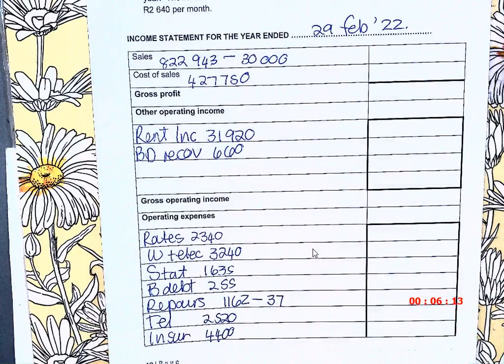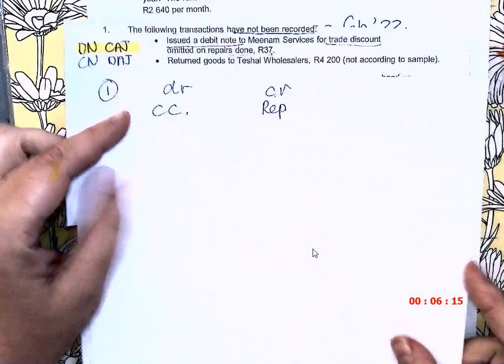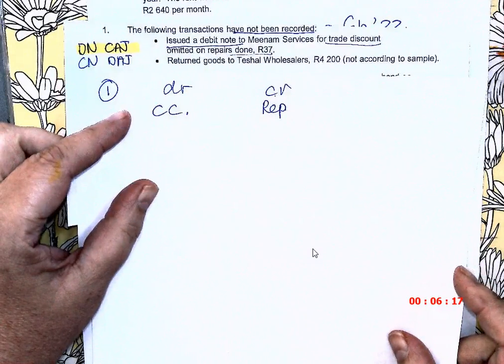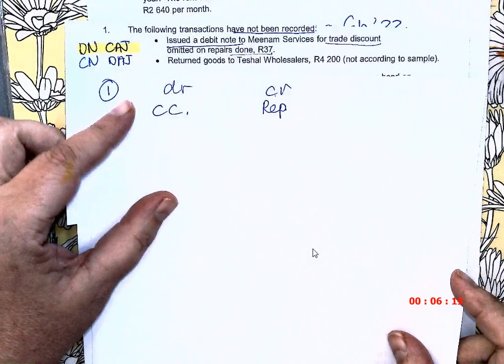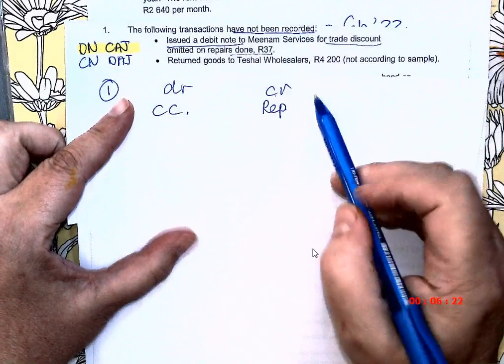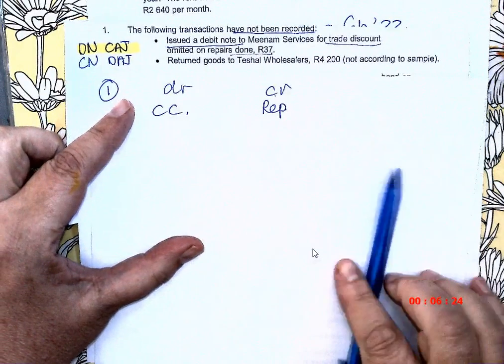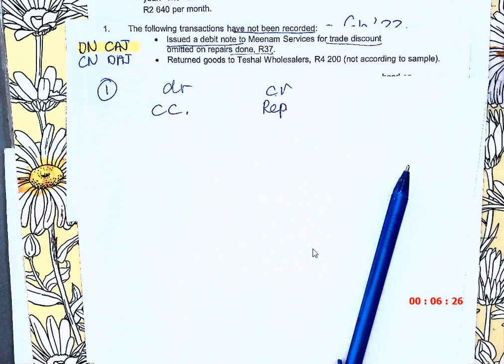Okay. The second one is trading stock. Goods is most trading stock. So what does it mean if they say it's not according to the sample? A lot of times when a rep comes to you, a rep is a representative of the supplier, and he comes and shows you examples of a product. Those examples that they show you, we call that a sample or a monster.